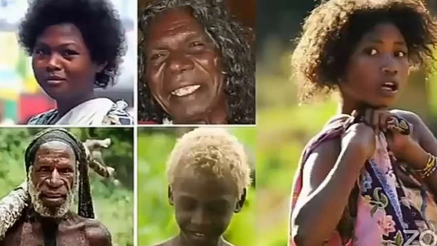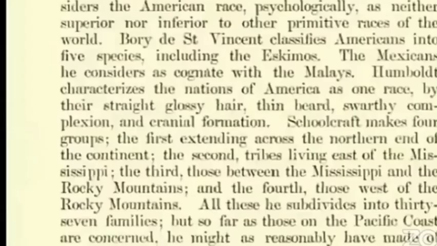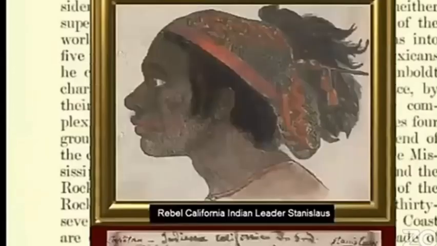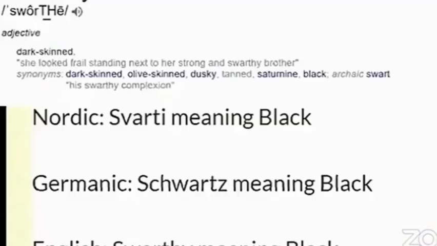Continuing: Humboldt characterizes the nations of America as one race by their straight glossy hair, thin beard, swarthy complexion, and cranial formation. Again, if we remember from video 1, swarthy means black, especially when you're talking about skin. Swartz or Schwartz, swarthy.